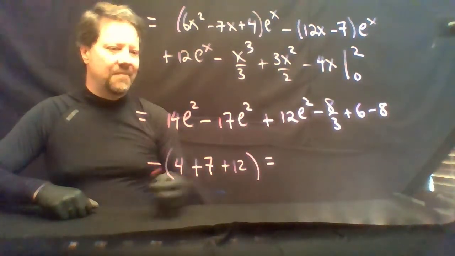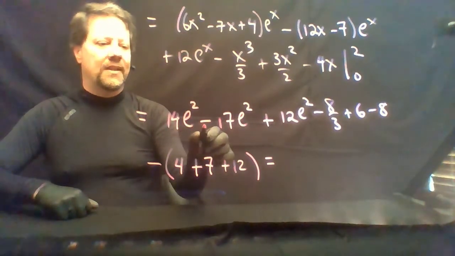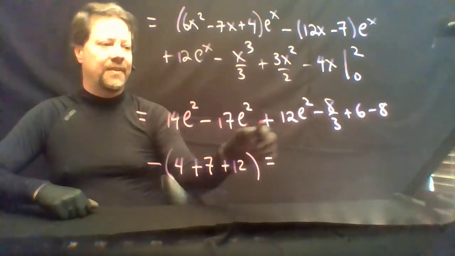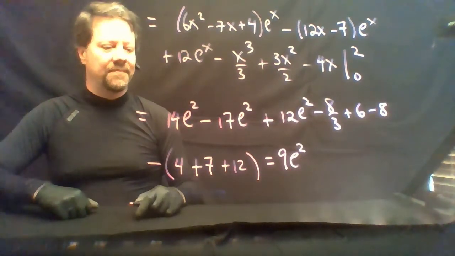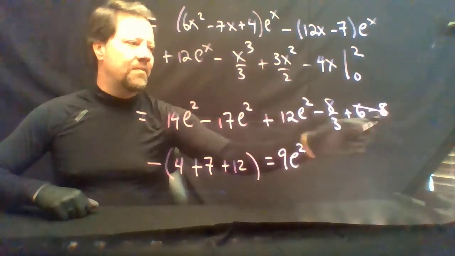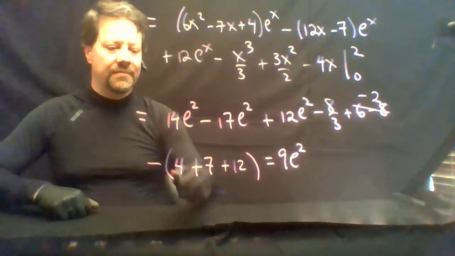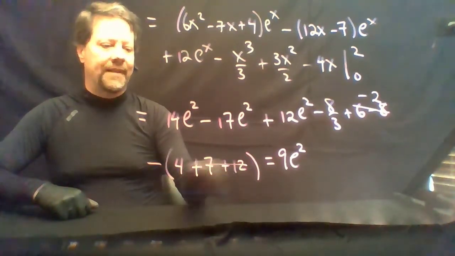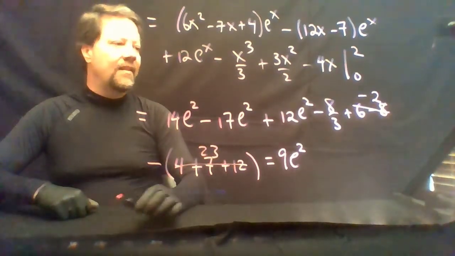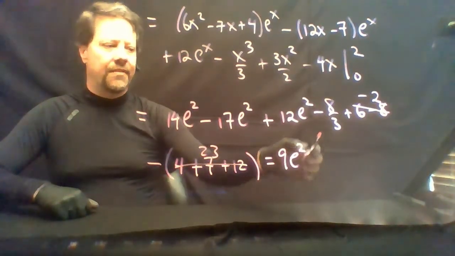So what do we get? 14e squared minus 17e squared is negative 3, plus 12 is 9e squared. 6 minus 8 is minus 2. 4 and 7 makes 11, plus 12 makes 23. And then we should convert everything to thirds.